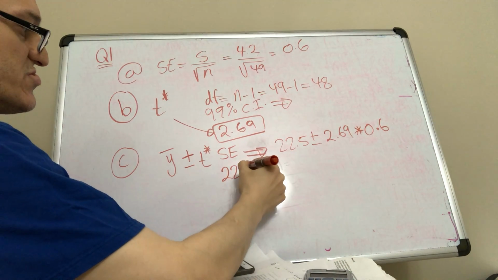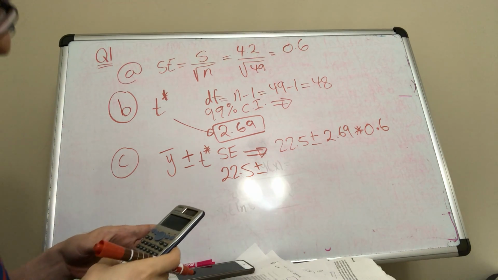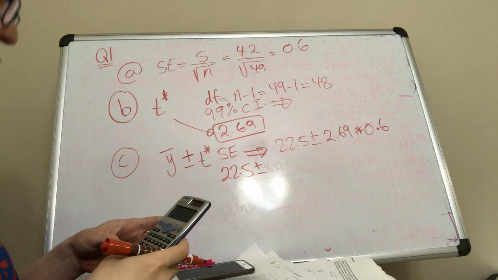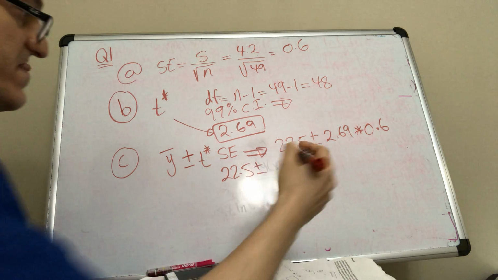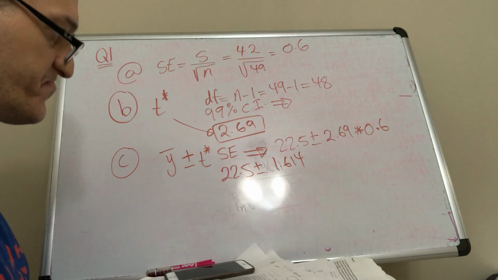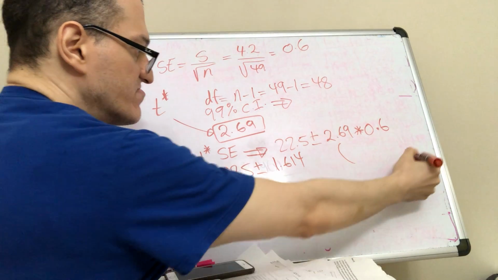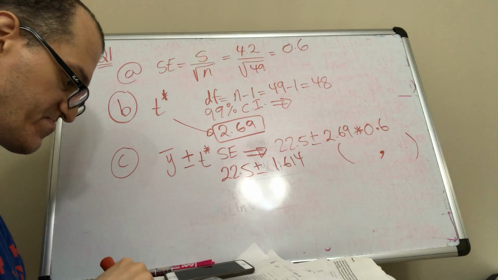So it's 22.5 plus or minus 2.69 times 0.6, and that's 1.614. So you subtract and you add.